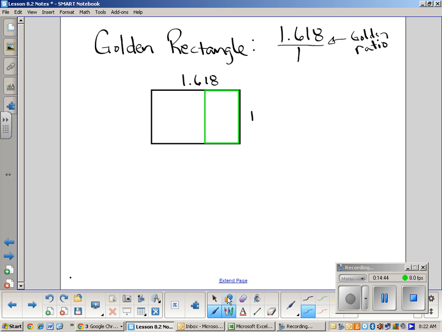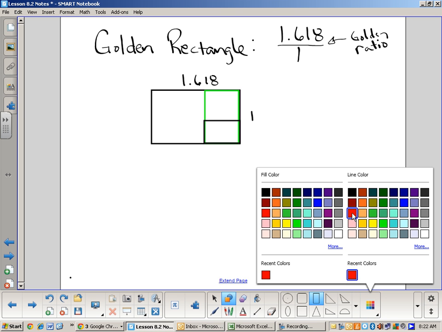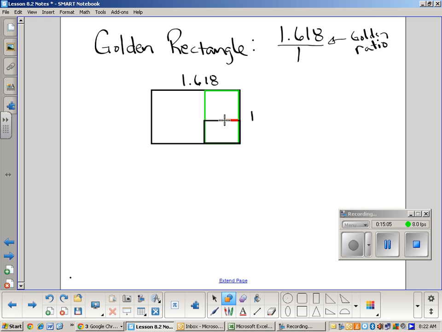And what's special about it is we can keep breaking this rectangle up. The green rectangle we can break up into a square and a rectangle.